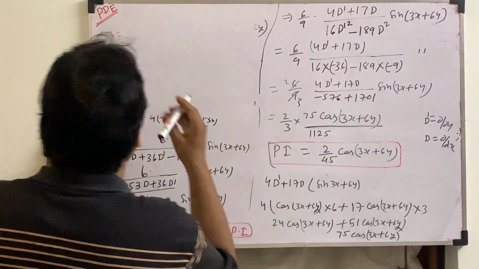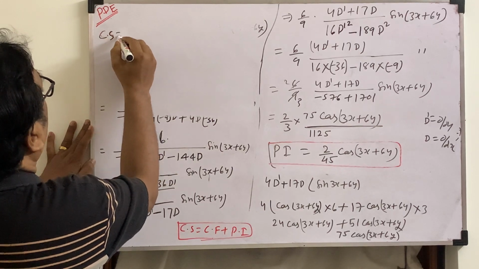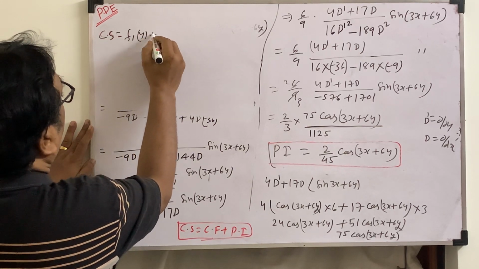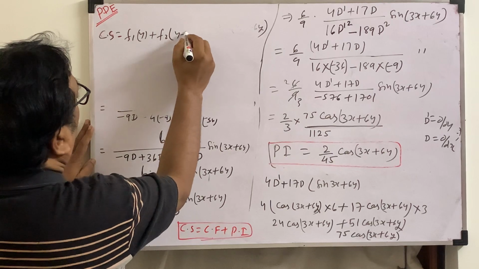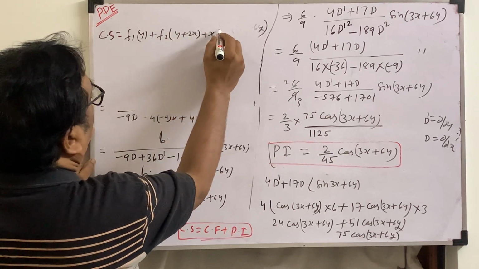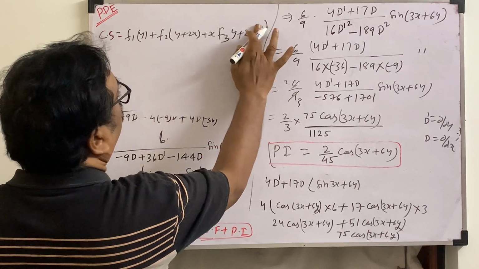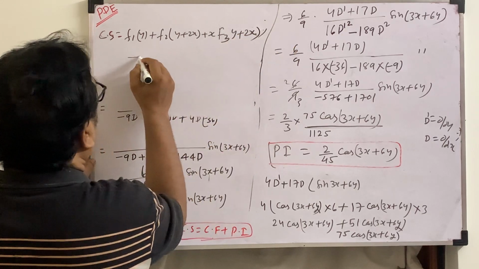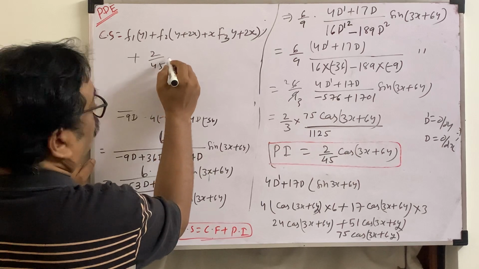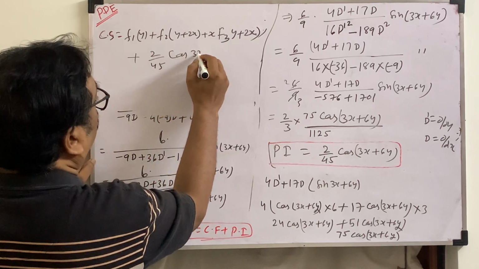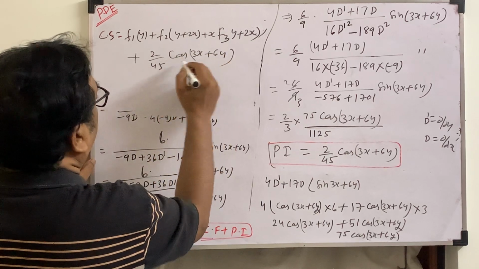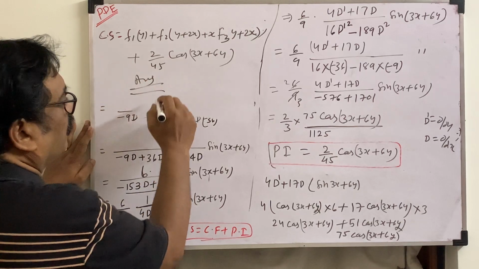Complete solution is equal to F1 y plus F2 y plus 2x plus x F3 y plus 2x, plus 2 by 45 cos 3x plus 6y. This is the answer for that particular problem.